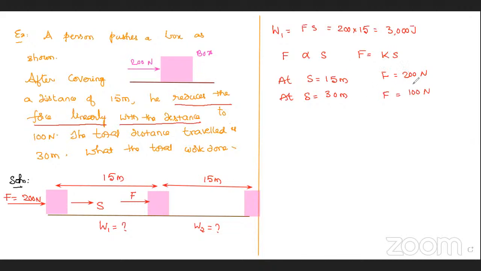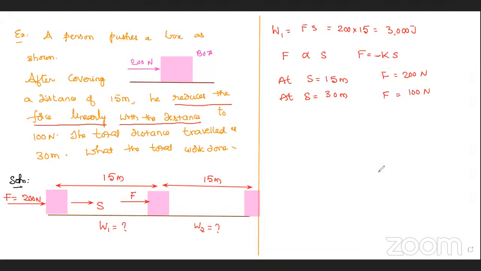Since the force is decreasing from 200 to 100, first of all, I have to take minus kS. S is increasing from 15 to 30, but force is decreasing from 200 to 100. Decreasing, negative.